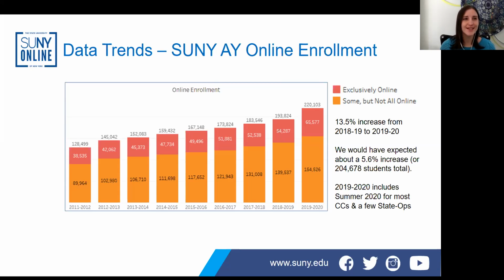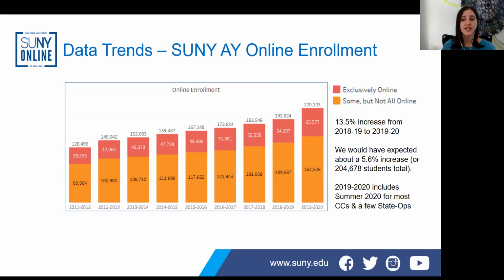If you didn't know this, in any given academic year, some of our colleges in SUNY use the leading summer, and some of them use the trailing summer as their academic year. So this makes it a little bit tricky. But again, as I said, most of the community colleges and a few of the state ops use that trailing summer. So in this case, it's summer 2020 as part of their academic year. So you do see a bit of a bump here, right?